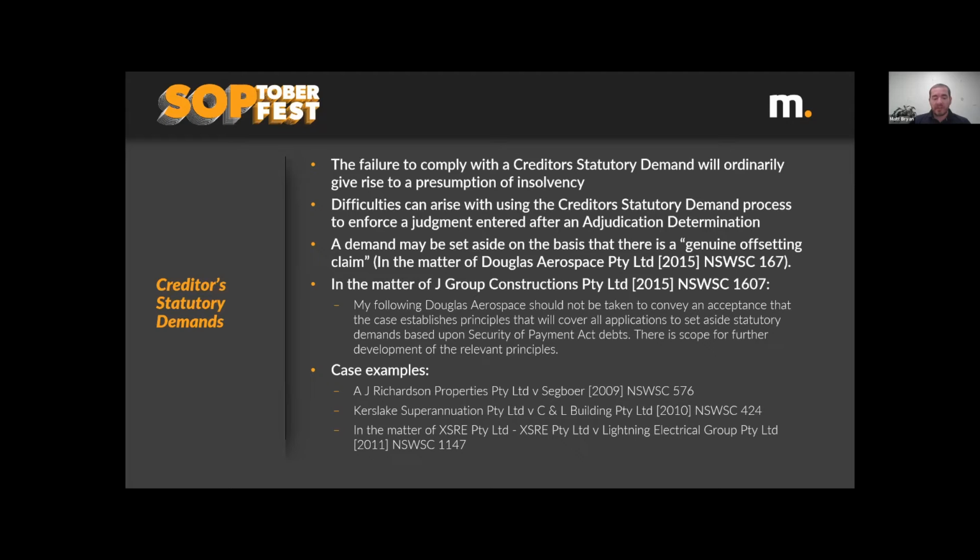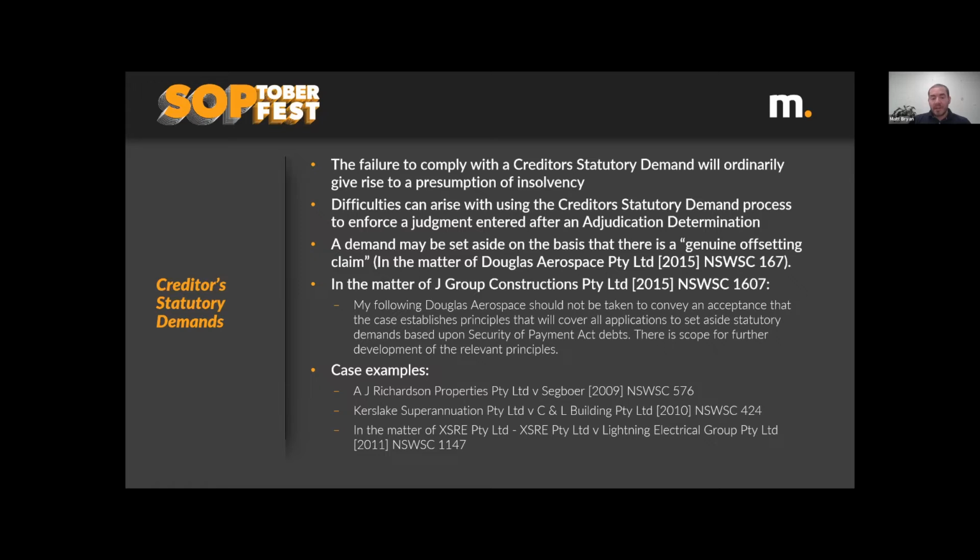It was, I think, a $16 million contract. But because they hadn't made that submission in their payment schedule, they were barred from raising it in the adjudication response. And that was the most obvious reason why the claimant was ultimately held to be entitled to that $270,000.